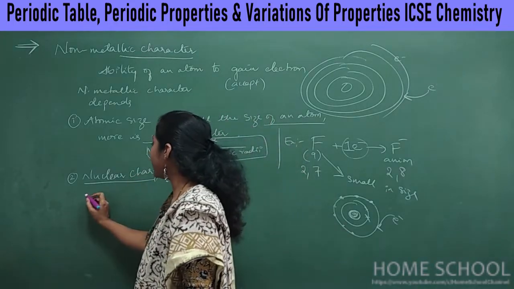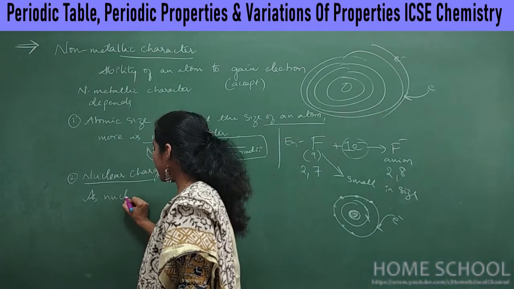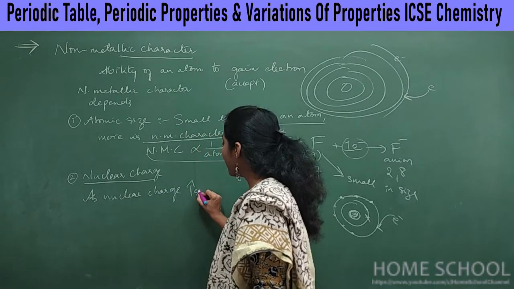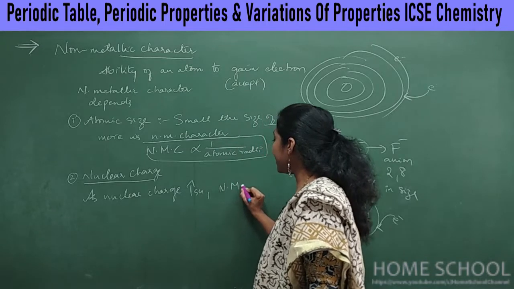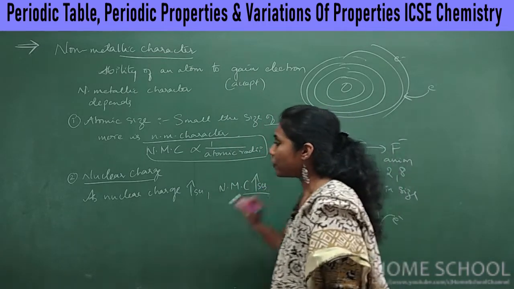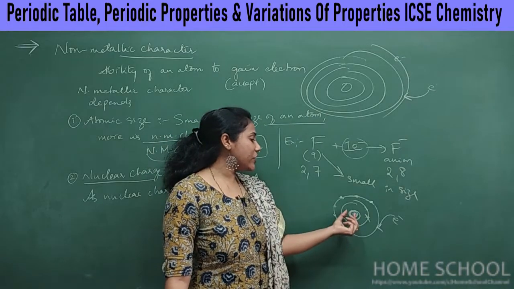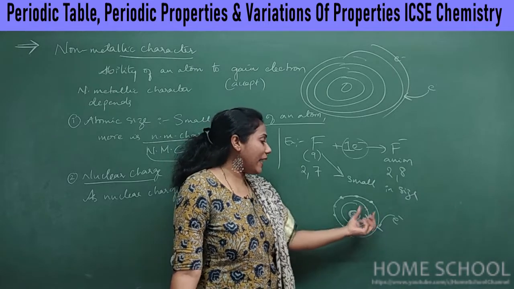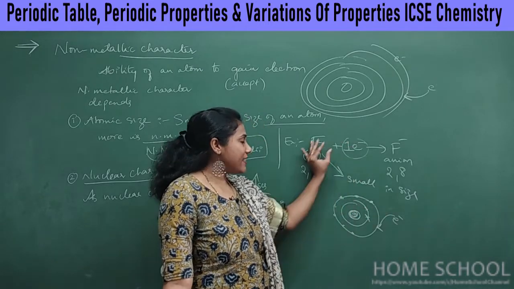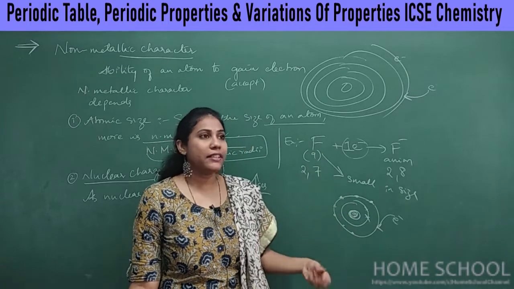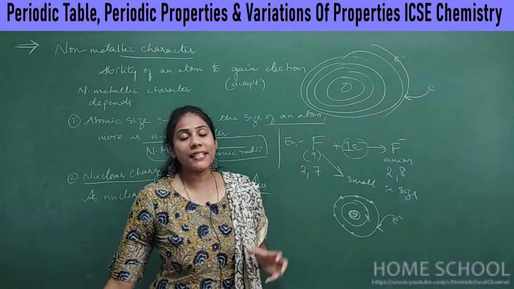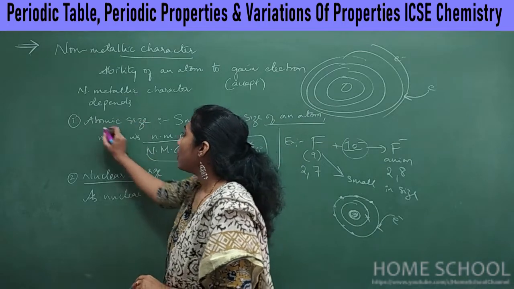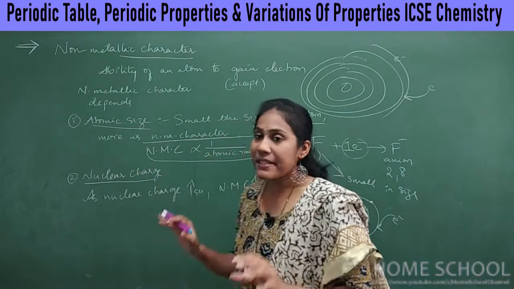So as nuclear charge increases, our non-metallic character also increases. Yes or no? If the nucleus is more positively charged, then it can nicely accept an outsider electron. You can have a better attraction between the accepted electron and the nucleus. So to some extent, the ability to accept an electron also depends on nuclear charge. These are the two factors on which non-metallic character depends.